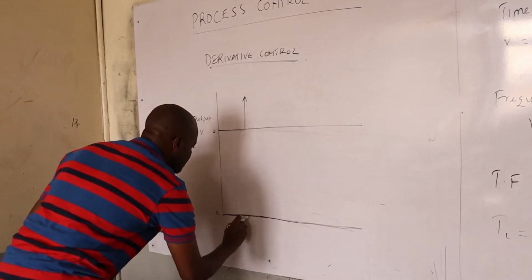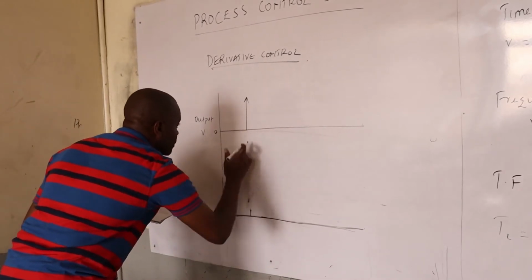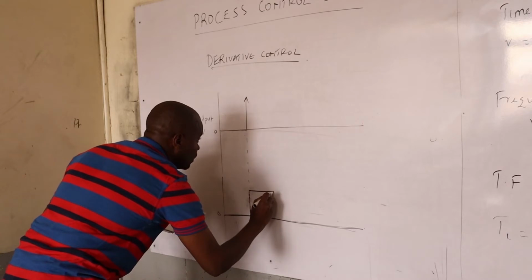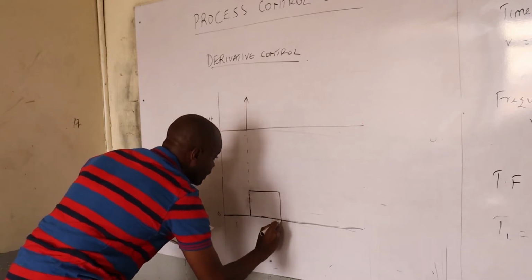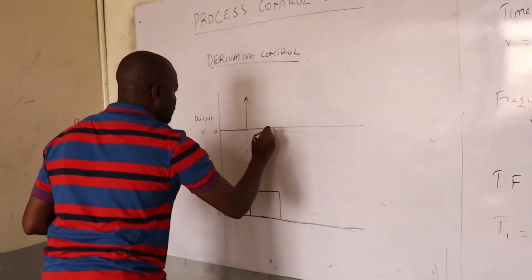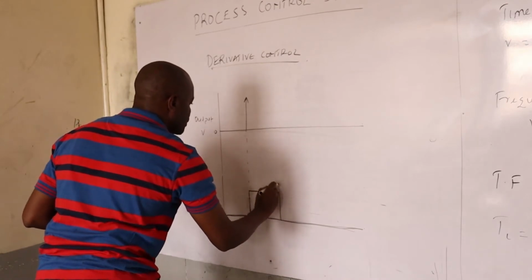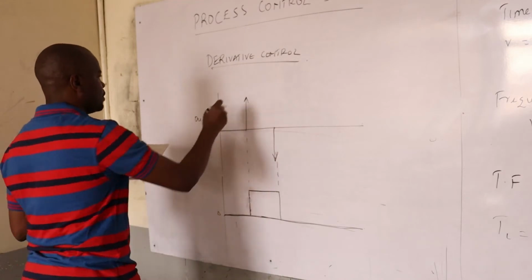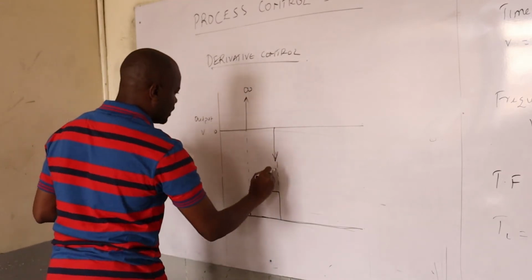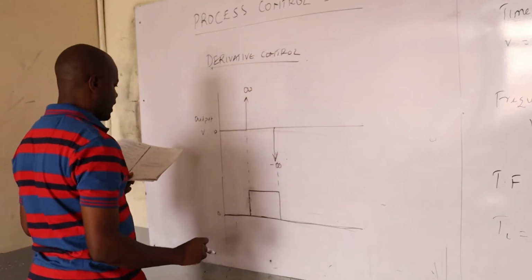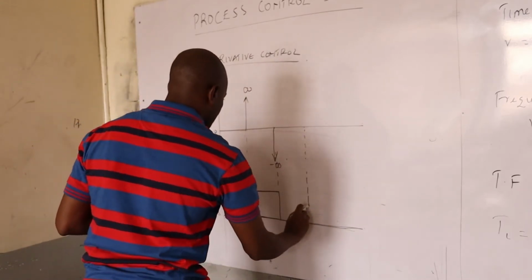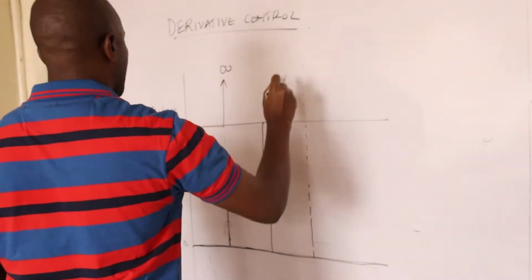So this is a step input. When it goes up, it gives infinity, and when it goes down, it is negative infinity. Then we can talk of a ramp.